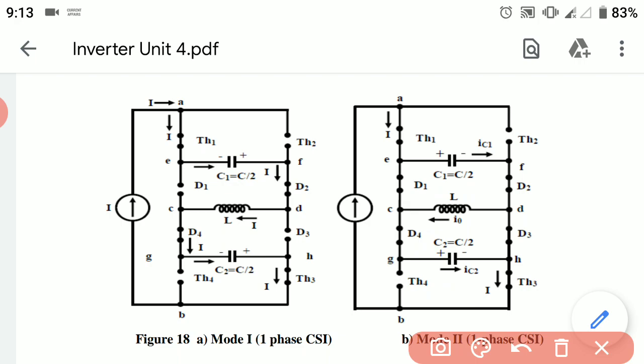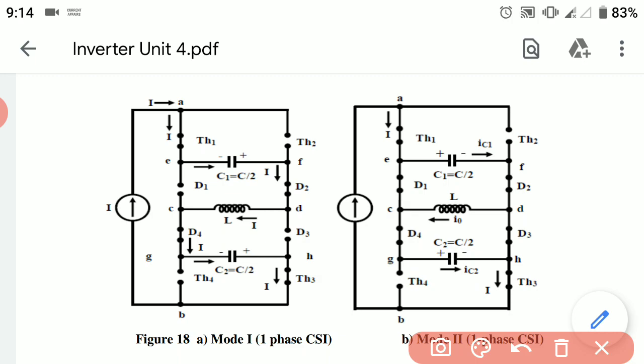That is, the current from the current source will divide at node E. Some current flows through the capacitor and some current flows through diodes D2, D1 and D4. And at node F, the current flows through diodes D2, D3 and some current will flow through the load also. So all these three elements are in parallel condition.